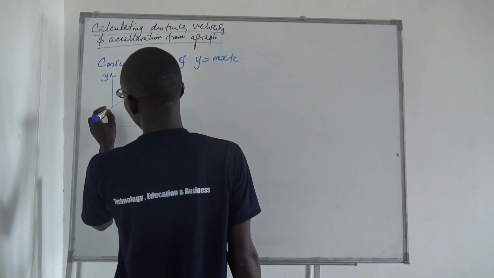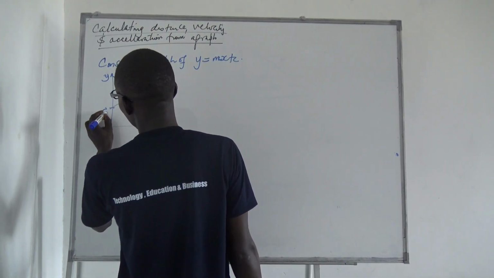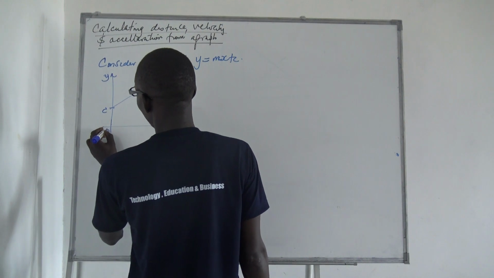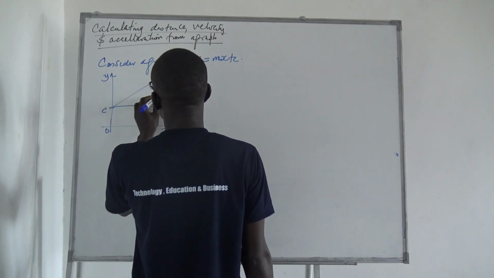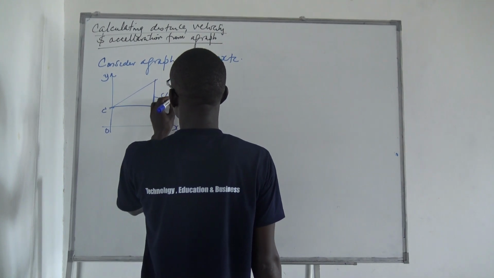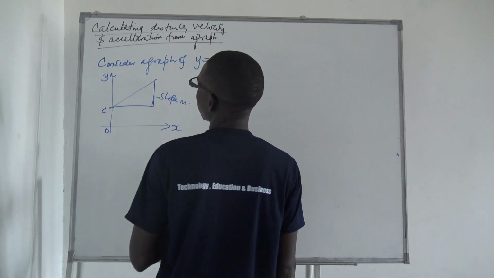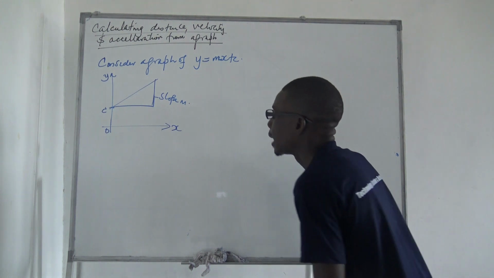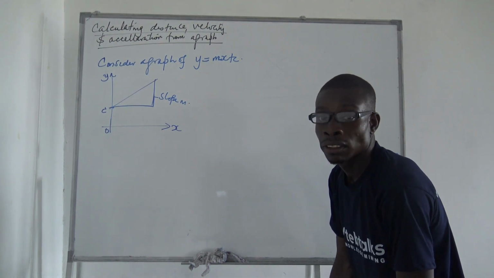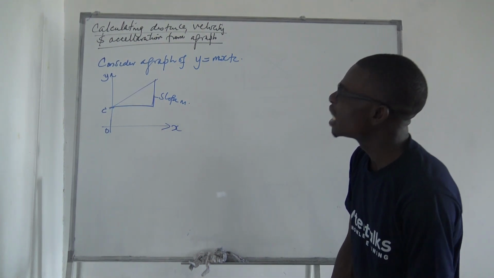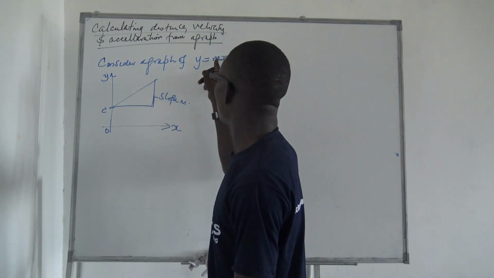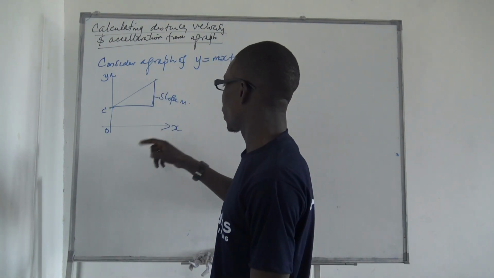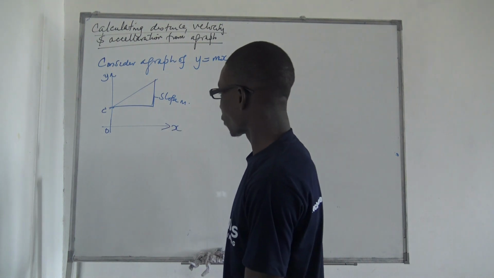And in this case here, c will be your intercept, and the slope here will be m. Does the graph look like that? The gradient will be the slope. The intercept will be the y-intercept. And then x will be that.